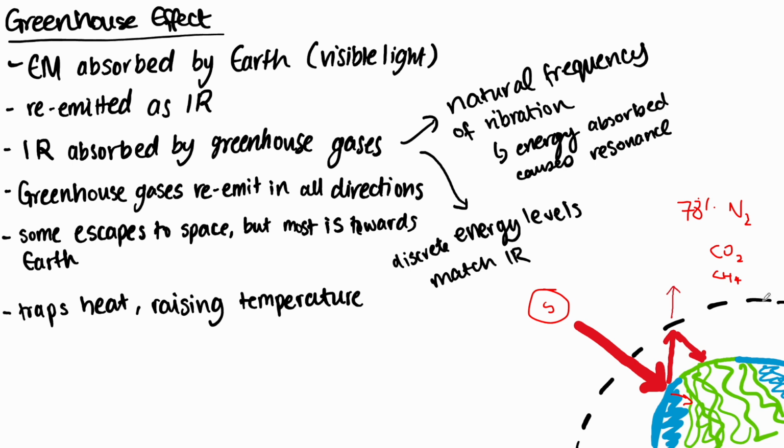So this means that less infrared and EM radiation is going to space and escaping the Earth, and this warms the atmosphere and the Earth, and this natural greenhouse effect is actually what has made life on Earth possible. So it is very good.